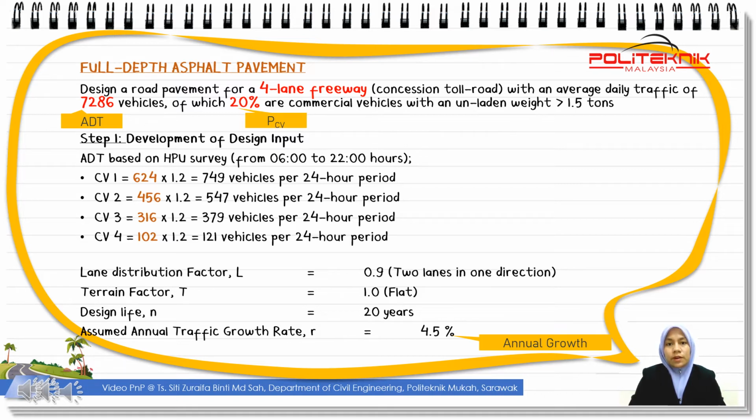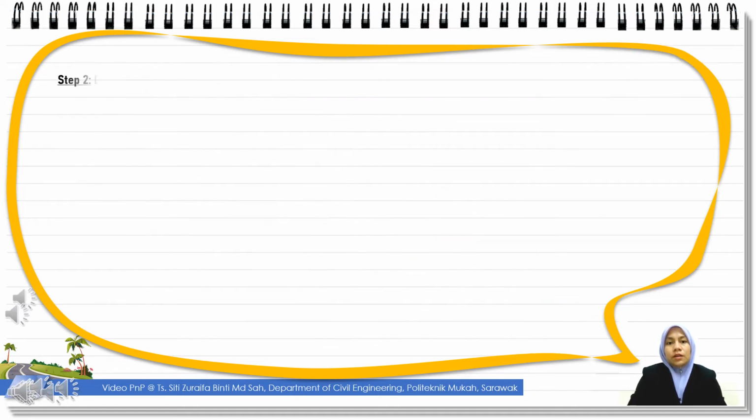By using table 2.3 based on terrain conditions, you can get the value of terrain factor, T. From the number of lanes, you can get the value of lane distribution factor, L, by referring to table 2.2. Step 2. Determine design traffic, which means traffic category.